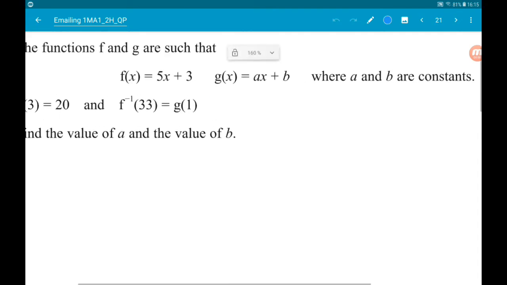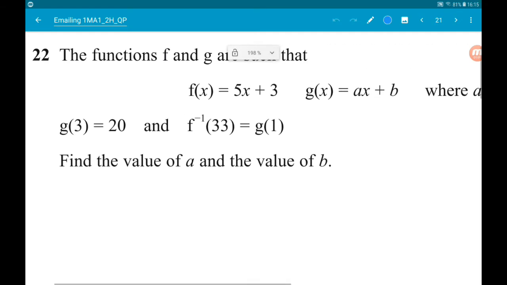So we know that g of 3 is 20. Now, g of 3 just means we're substituting x equals 3 into the g function. So we would get a times 3 add b, or 3a add b.